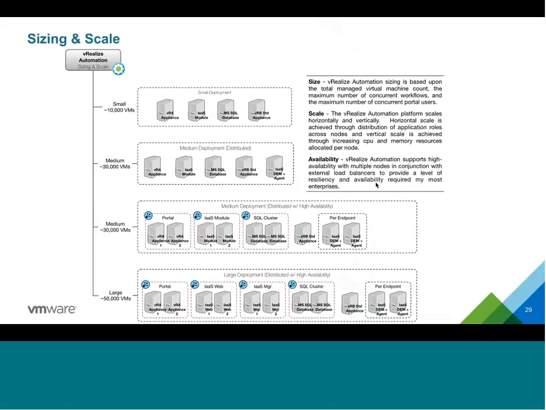A small single appliance deployment can handle everything. So in that small deployment, we can have a single vRA appliance, a single IaaS module, a single virtual machine with all the components in it, and a separate SQL database. It can handle up to 10,000 virtual machines.